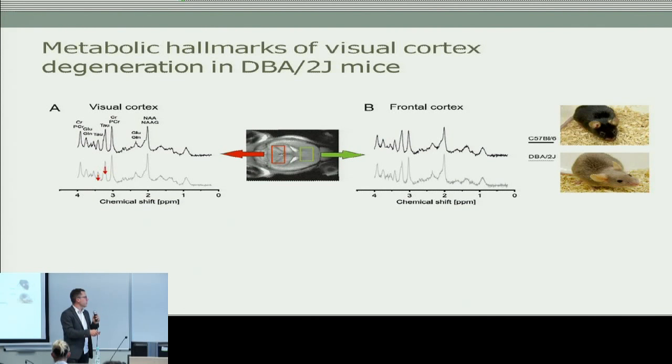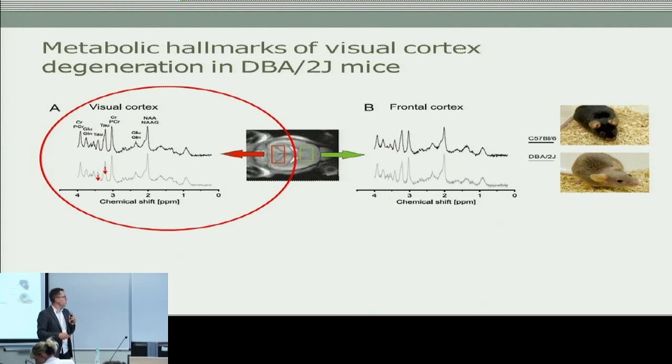And we acquired spectra that served for calculation of so-called metabolite concentration. So the substances in the brain that could be detected by MRS and are more or less in millimolar range of concentration.